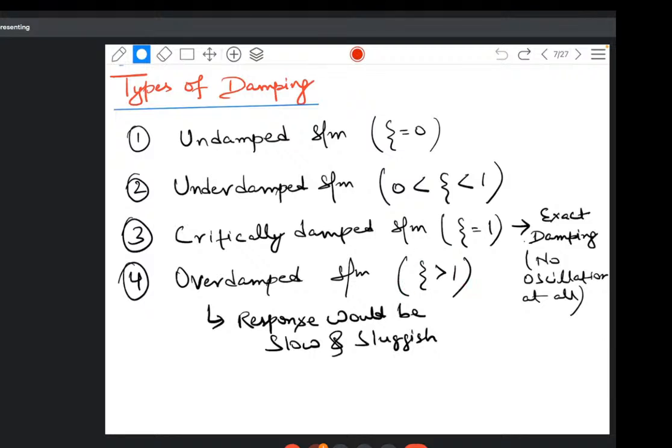See, undamped system. Undamped means there would be no damping at all. That means you're not providing any kind of damping to the oscillating system. Underdamped system means you are providing the damping to the oscillating system, but that amount of damping is not sufficient to kill all the oscillation, or that damping is not sufficient to eliminate all the oscillations. And that is why some oscillation remains, as I've shown you here.